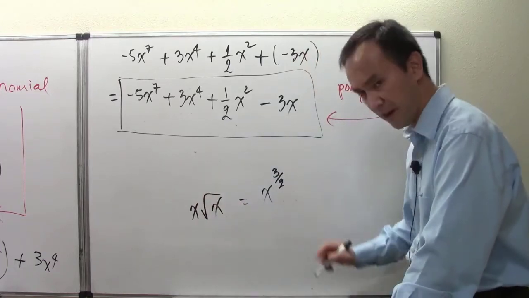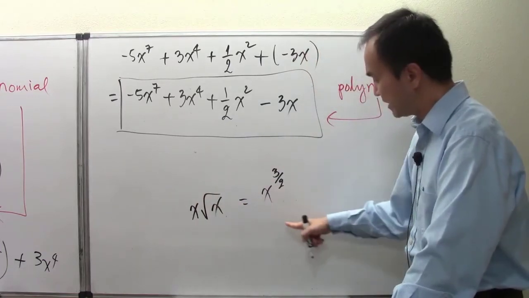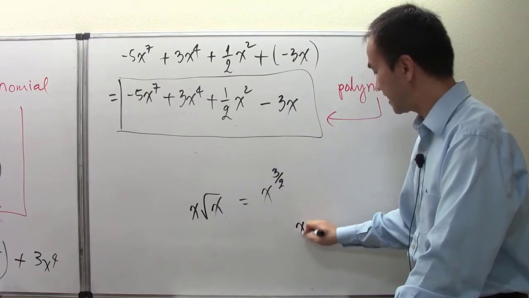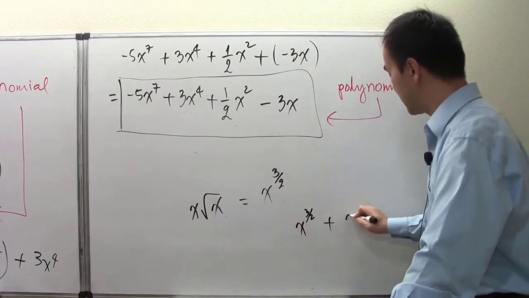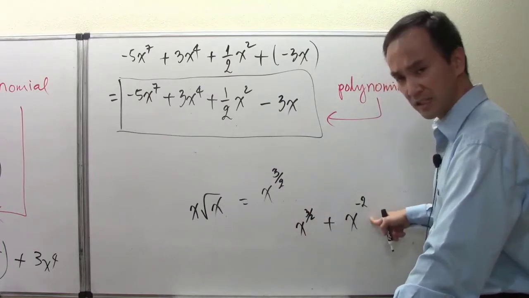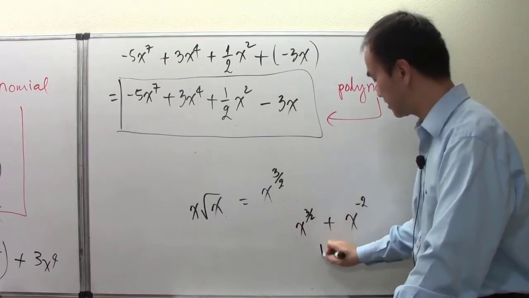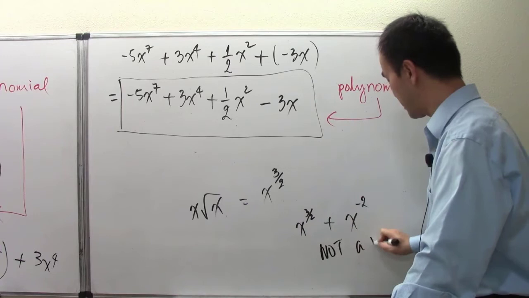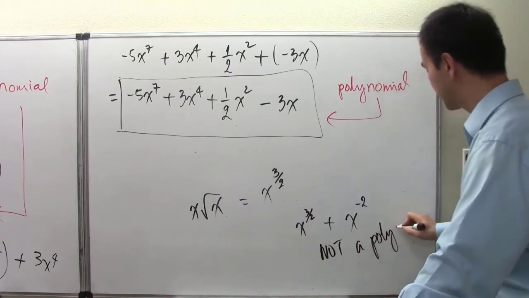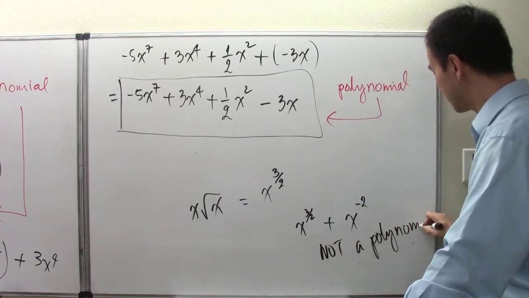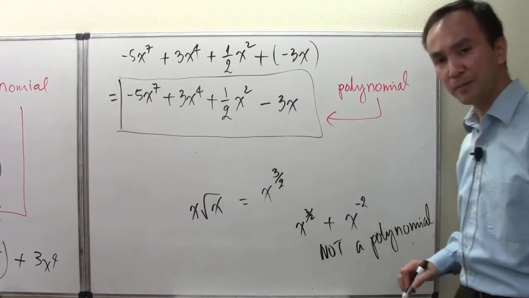But then something like this, x to the 3/2 plus x to the -2 power, is a power function, but something like this is, unfortunately, not a polynomial.